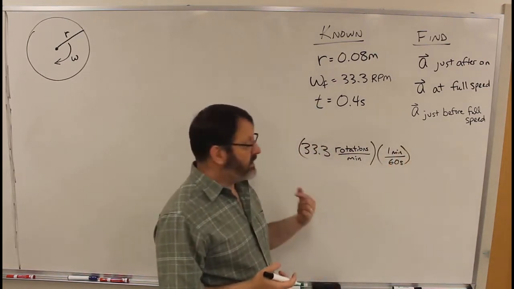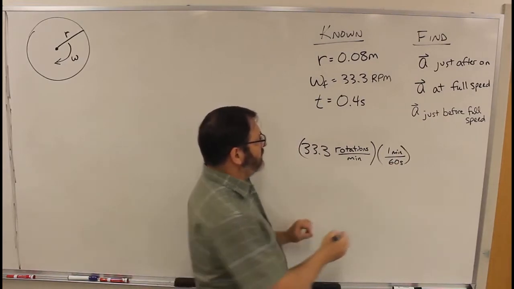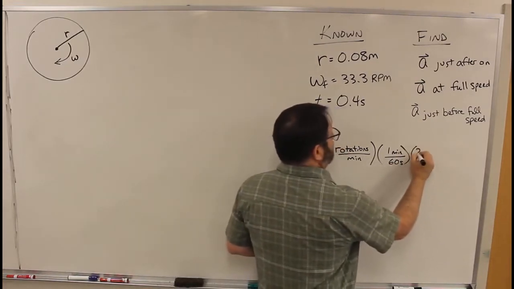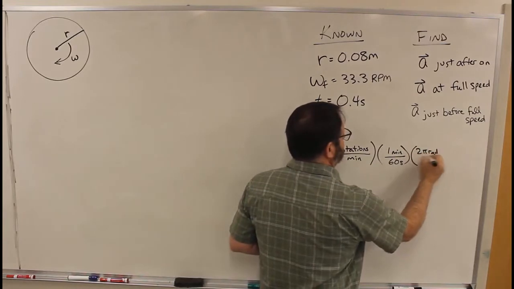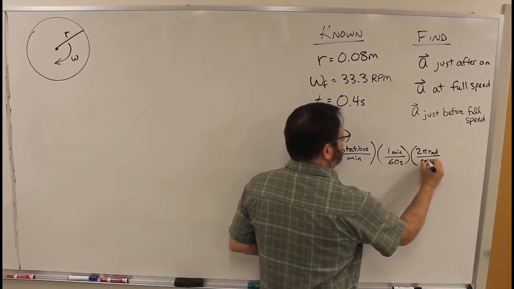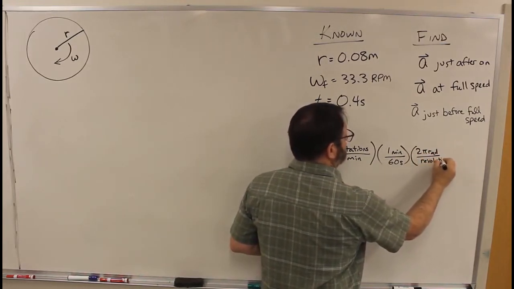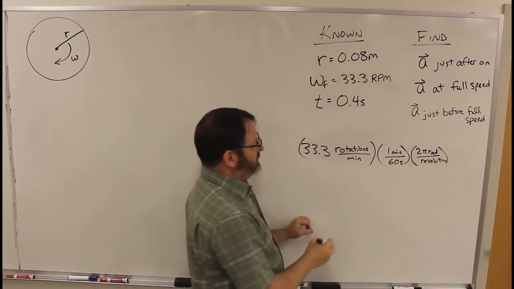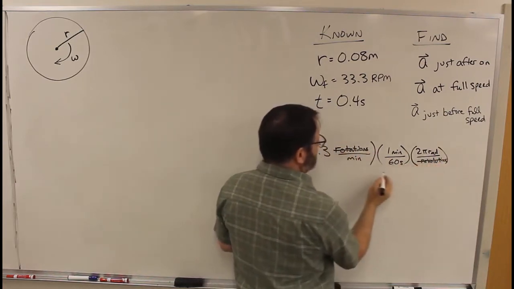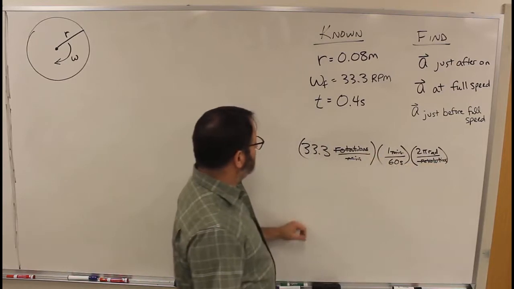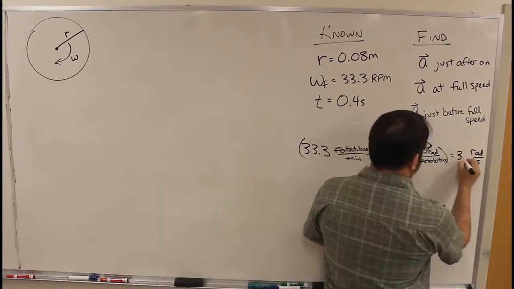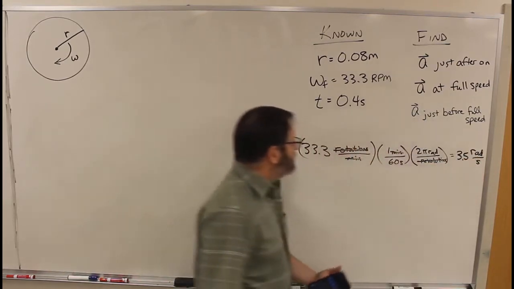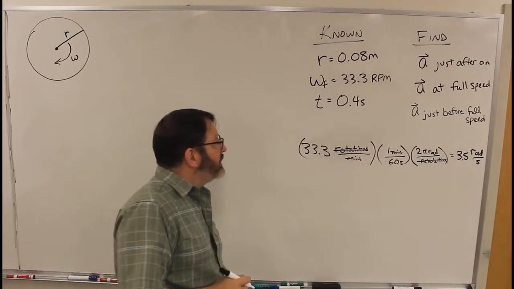We're getting closer. Now I need radians. I know that there are 2 pi radians in 1 revolution, or 1 rotation. So the rotations cancel out, the minutes cancel out, and I get about 3.5 radians per second.